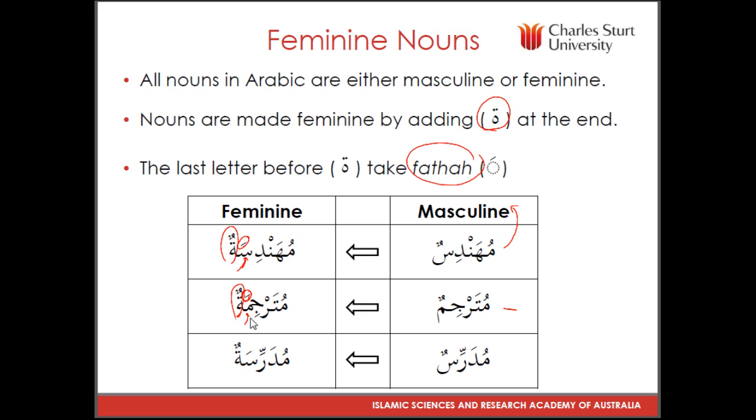Ukhtun is naturally feminine, so the ta sign is not required. Ibnun, bintun, son or daughter. There is no ta, but it is naturally feminine. Okay? There are some examples.